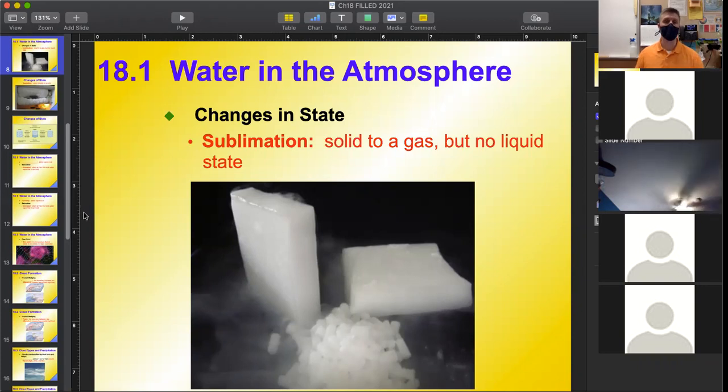But something that does do that is dry ice, which is why it's called dry ice. Dry ice is made out of frozen carbon dioxide. And when it starts to warm up, it goes directly to a gas. There's never a liquid phase where there's a puddle of CO2 there. It just goes directly from solid to gas.